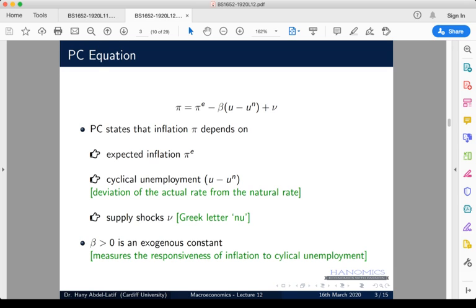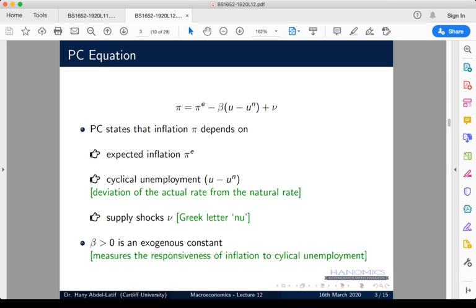This is slightly different from the idea that appeared in the 1960s. The main reason is that in the 1970s there were supply shocks and stagflation, which put the simple trade-off relationship between inflation rate and unemployment rate into question. Then people started thinking about how we may understand this in a more realistic way.